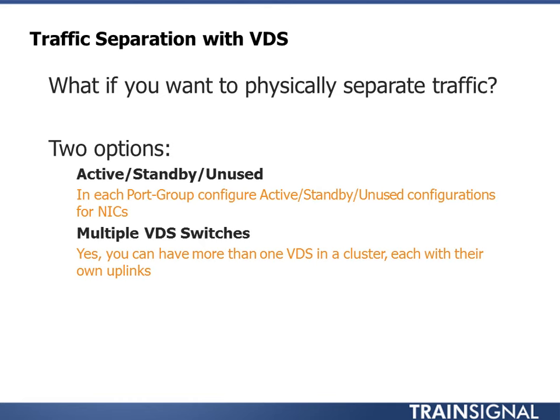So let's say you had 6 NICs, NICs 1, 2, 3, 4, 5, 6. 1 through 4 you want to use for VM traffic, 5 and 6 for NFS. You'd go to the NFS port group, whatever port group you're plugging the VM kernel into, and you would set NICs 1, 2, 3, 4 to unused, and 5 and 6 to active. And then you'd go to the VM port groups and set 1, 2, 3, 4 as active, and 5 and 6 as unused.